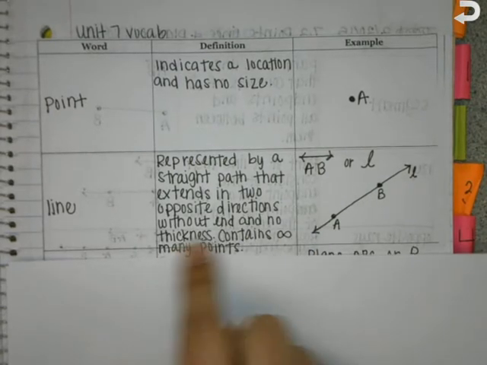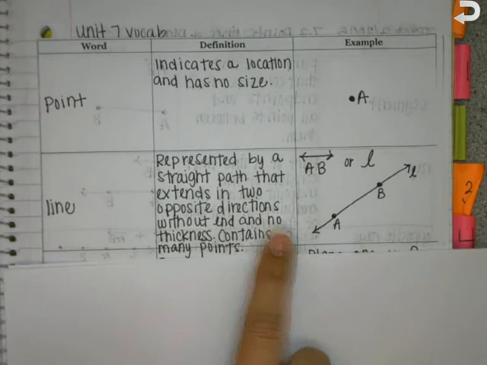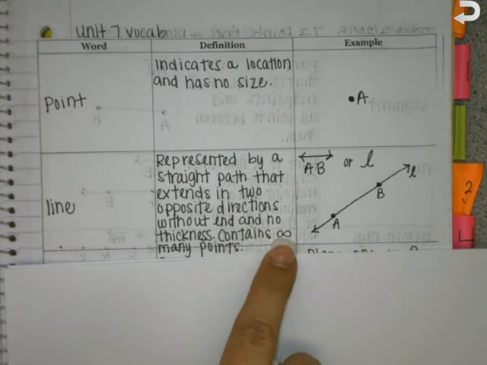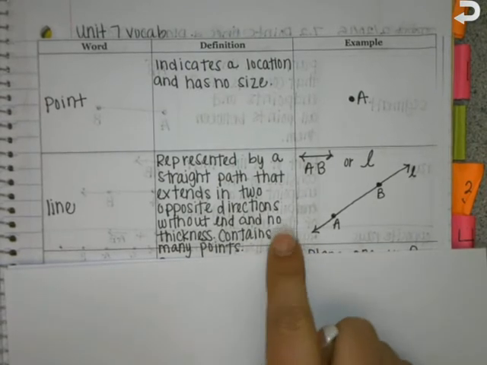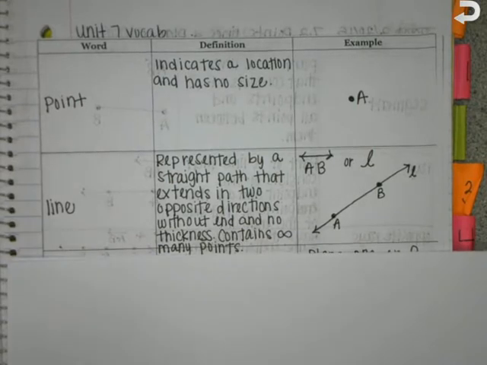And lines also have no thickness. So it can be a really thick line, it can be a really thin line, they're all the same. The other thing about lines that you need to know is that they contain infinitely many points. So even though on a line you might only see 2 points labeled, there's actually an infinite number of points that lie on that line. Does that make sense? Because it goes on forever and ever.